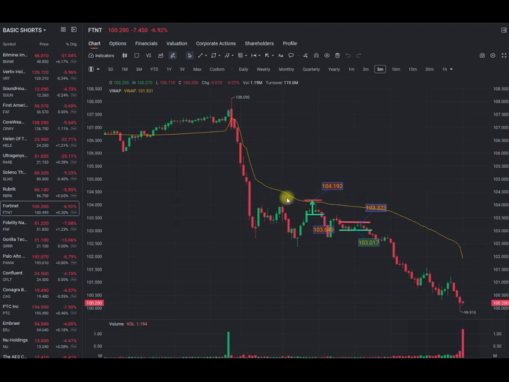So any breach of the VWAP is in danger of returning the stock to over the VWAP and up. This stock doesn't do it. You can see that it touches basically the VWAP area and immediately turns around. That's a signal of a very weak stock.